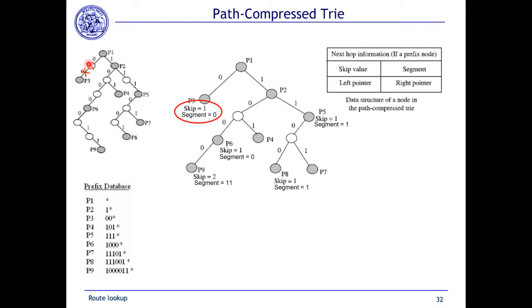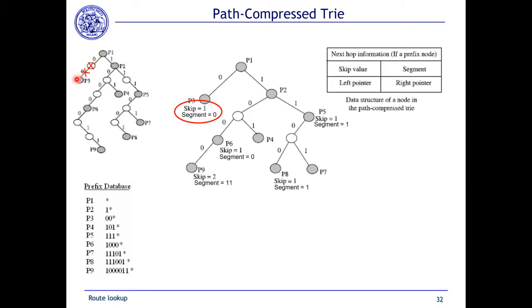So you remove the node and you also remove the arc below. And this means that the node that was attached to the arc that is being removed will be attached to the original arc above the node that has been removed.